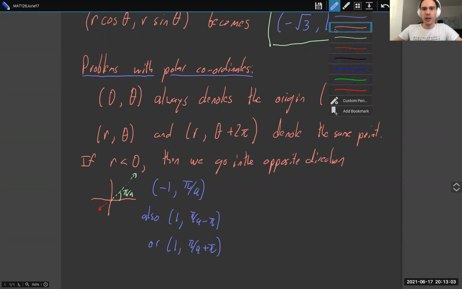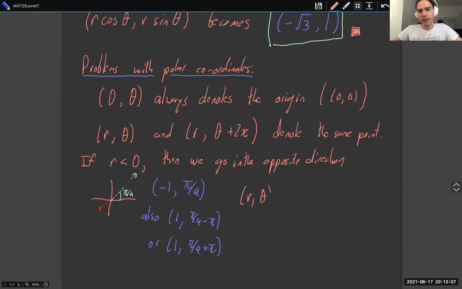So in general, (r, theta) and (-r, theta plus pi) denote the same point as well.